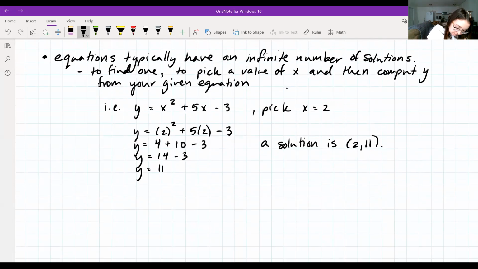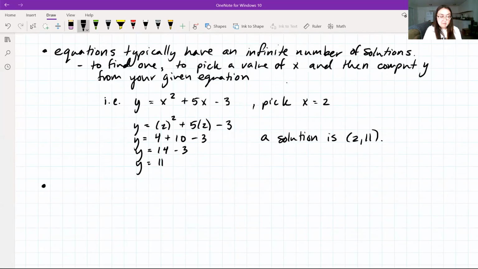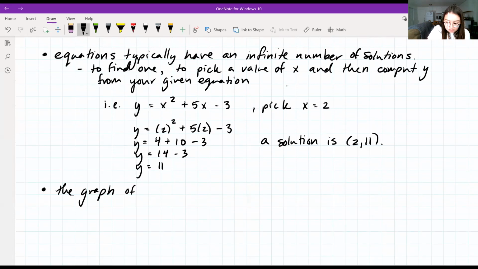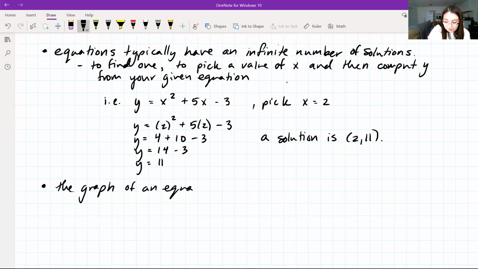So, given this information, we can say that the graph of an equation, because remember we said in the very beginning that a graph is actually the image of the equation and the plane is the actual graph, or the plotting that you see there.